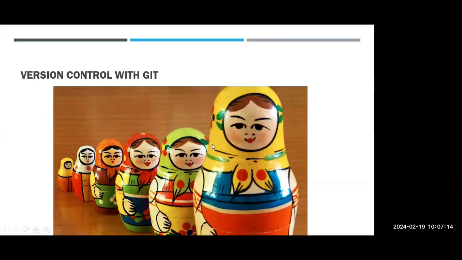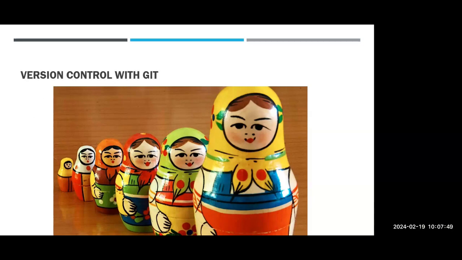Version control with Git. Git is a version control system. Let me give a bit of background on why we use version control and what it is. Forget that I am a developer or a DevOps engineer. Forget everything; I am a layman.